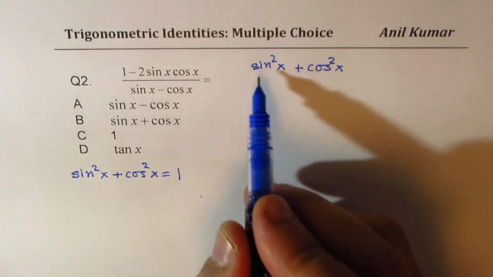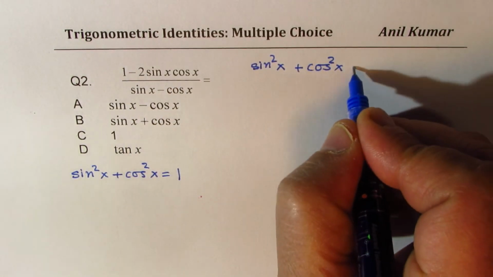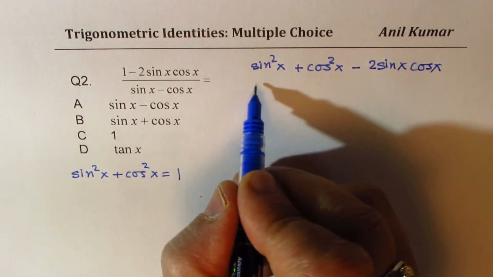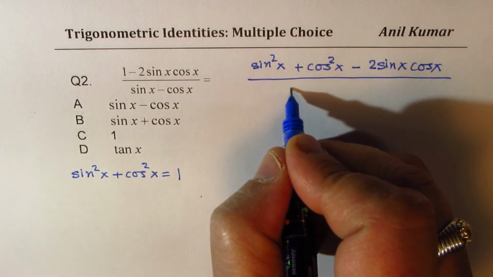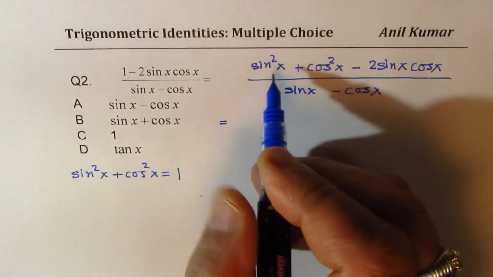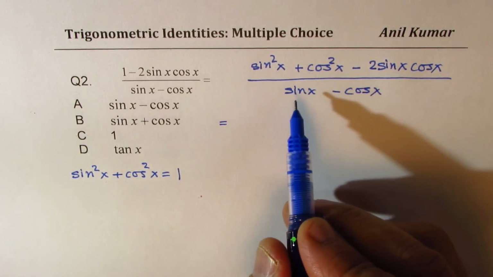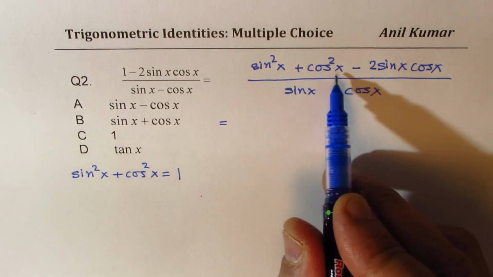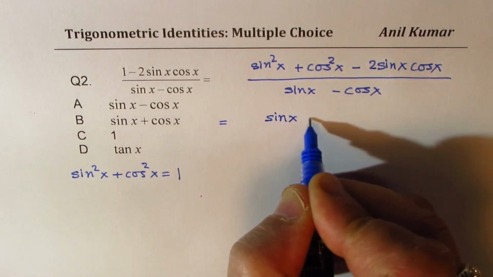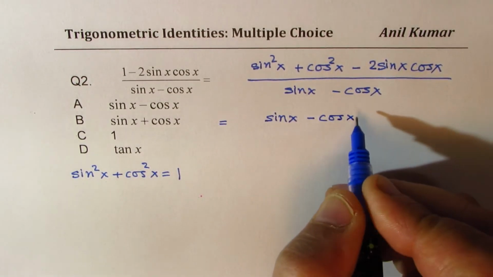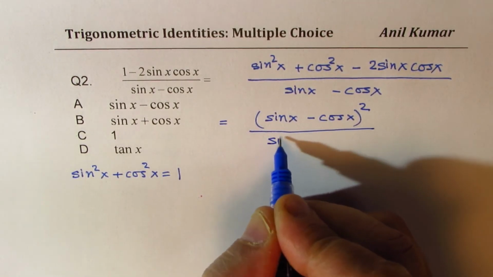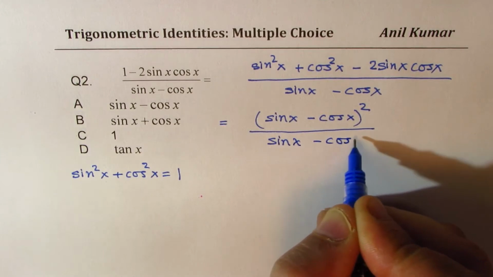So I replaced 1 with sin square x plus cos square x, and we have minus 2 sin x cos x divided by sin x minus cos x. Now the numerator could be written as sin x minus cos x whole square, right? So the numerator now could be written as sin x minus cos x whole square, and we have denominator here as sin x minus cos x, right?